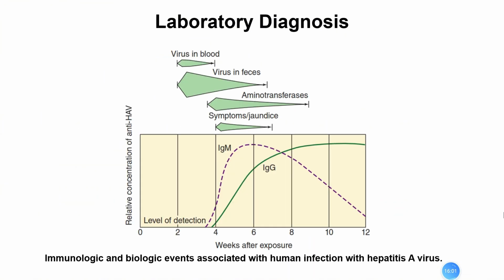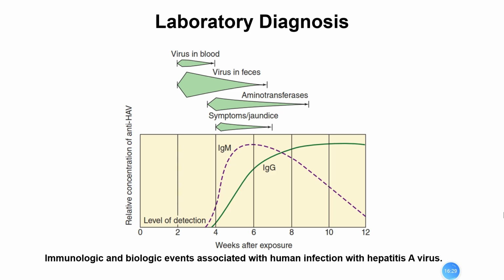Okay. So this is the different phases, different times after HAV exposure. Time 0 is the exposure time, and the symptoms start here, at 4 weeks. So from time 0 to 4 weeks, that's the incubation period.